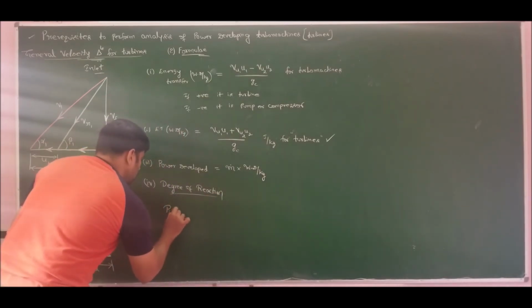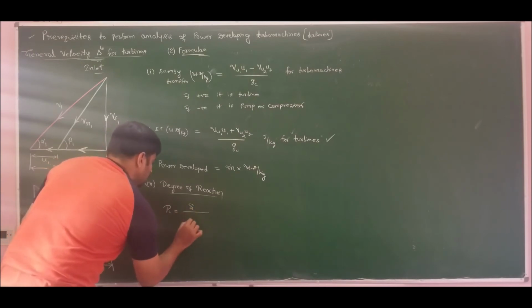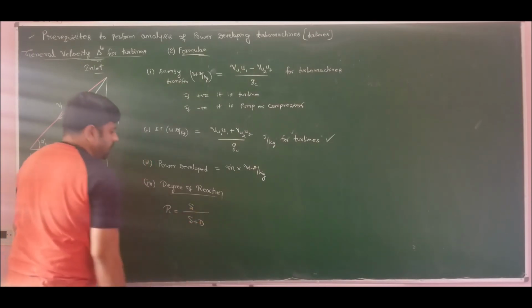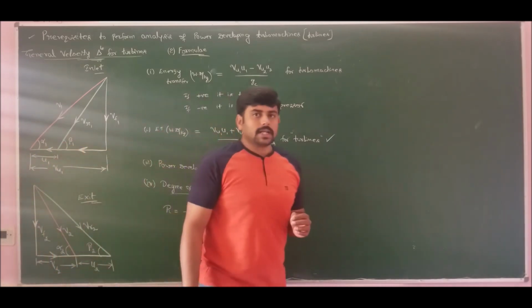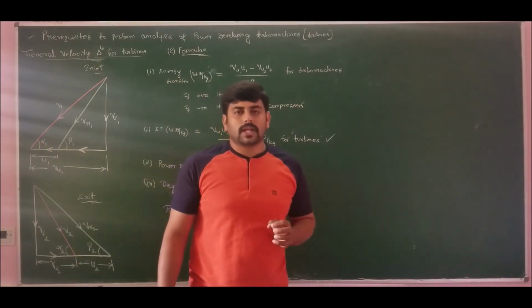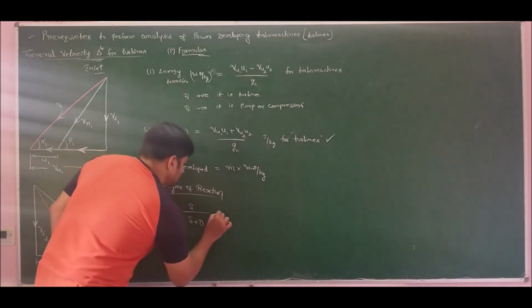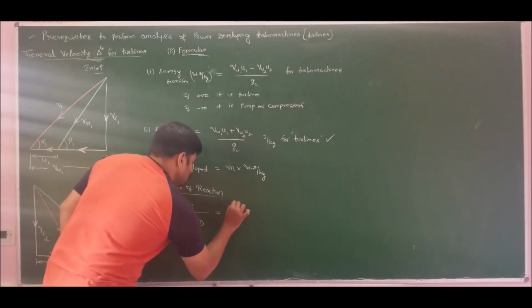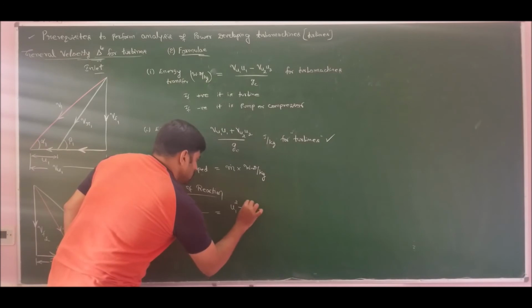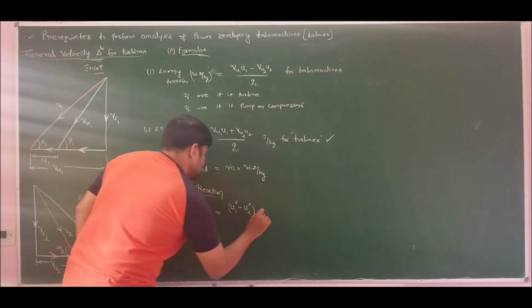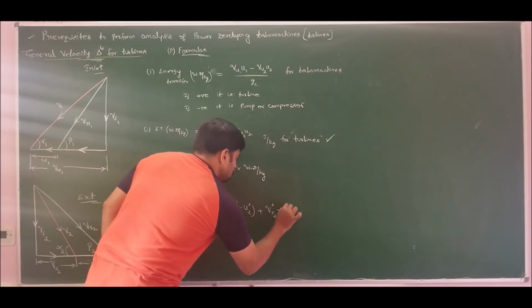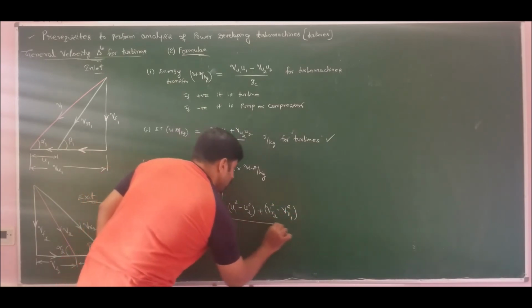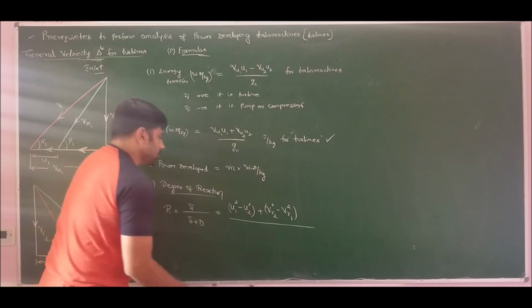Degree of reaction R is denoted as the static component of energy transfer divided by static plus dynamic component of energy transfer, which we have obtained from the alternate form of Euler's equation for energy transfer. The static component of energy transfer is given by U1 square minus U2 square plus VR2 square minus VR1 square, divided by static plus dynamic.